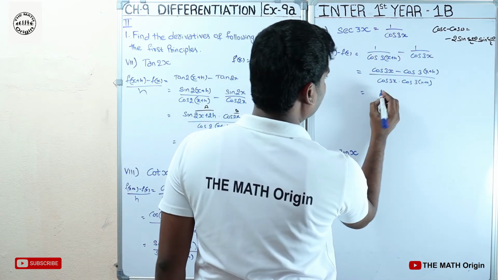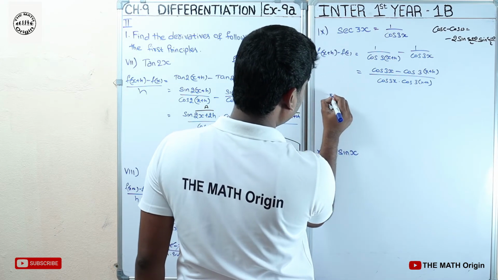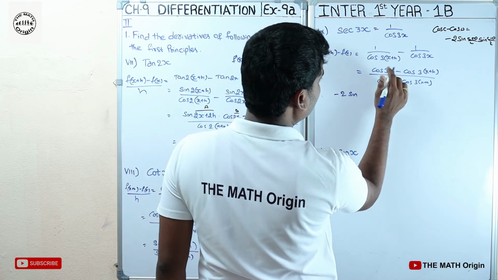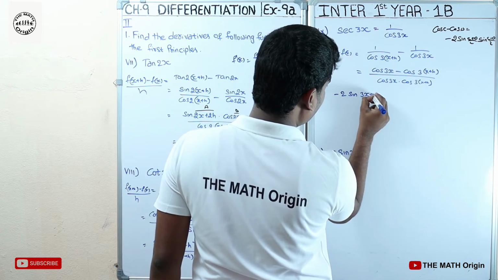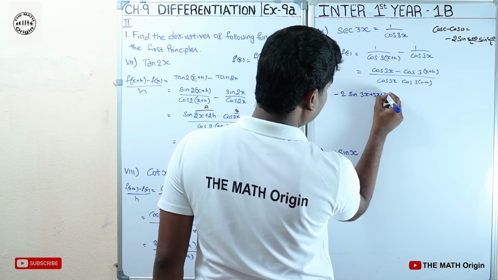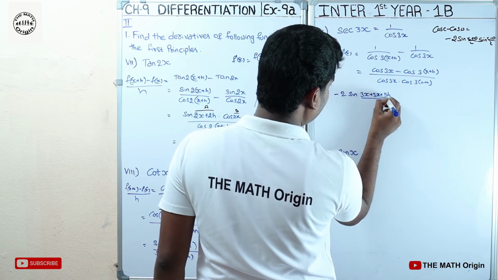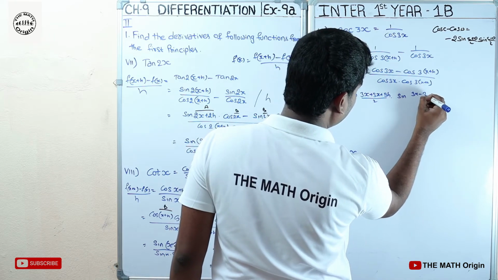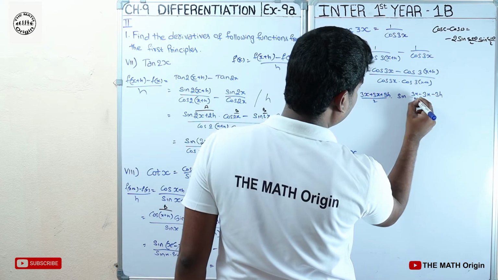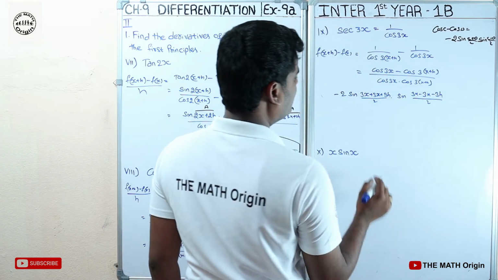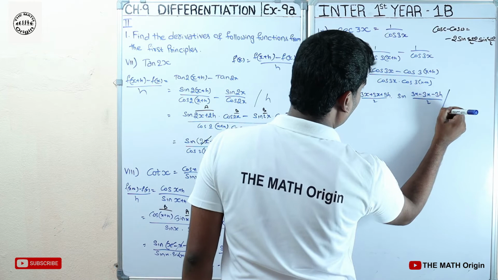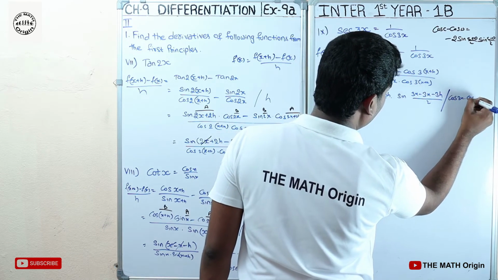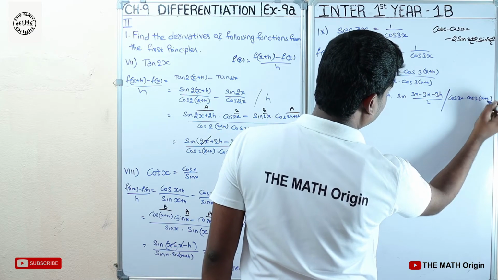Okay, cos c minus cos d, which will be minus 2 sin of (3x plus 3x plus 3h)/2 into sin of (3x minus 3x minus 3h)/2. And the whole is divided by the same value, cos 3x into cos 3 into (x plus h).